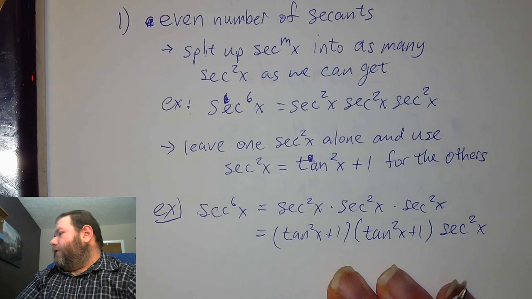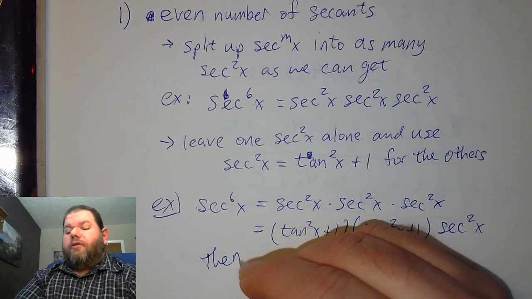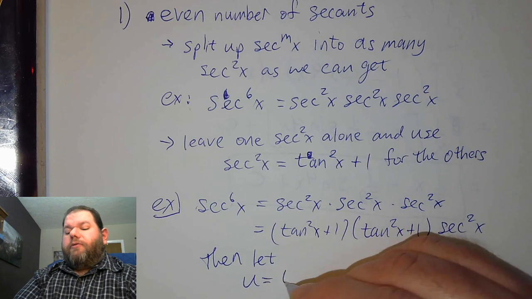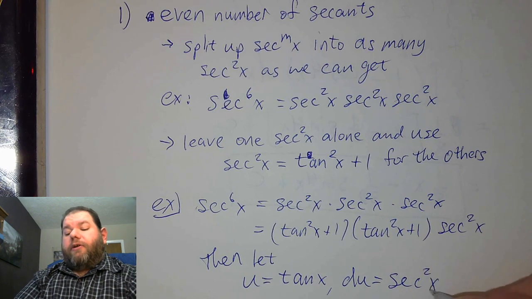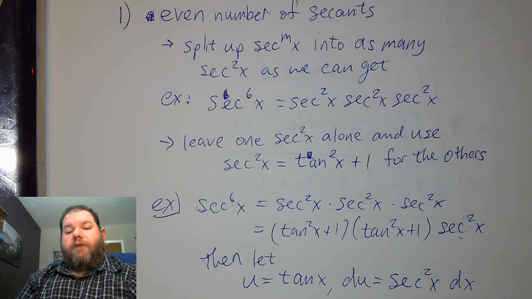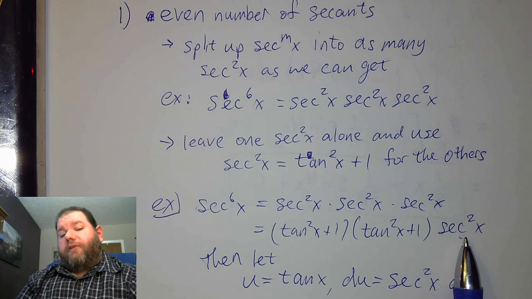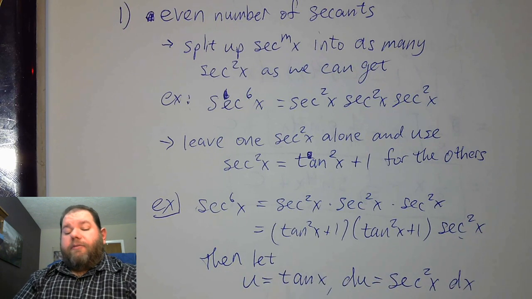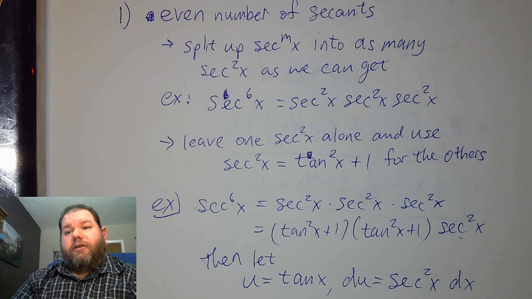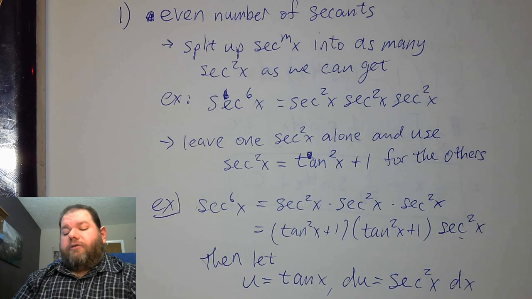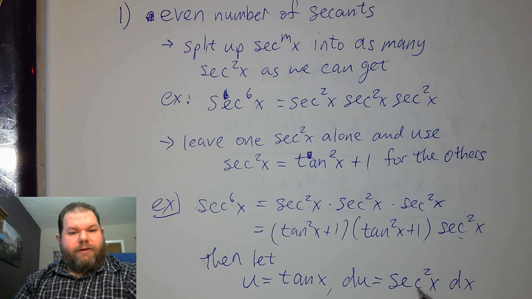The reason we do that is then we can let u equal tangent x and du equal that extra secant squared x dx that we have left over. Because the derivative of tangent is secant squared x, we're trying to get a single secant squared x by itself, and everything else in the problem will then be in terms of tangent, which we're going to replace with our u. It's really the same principle we were using in the odd number of sines or cosines process. The only difference is the different complexity of the derivative of tangent being secant squared.